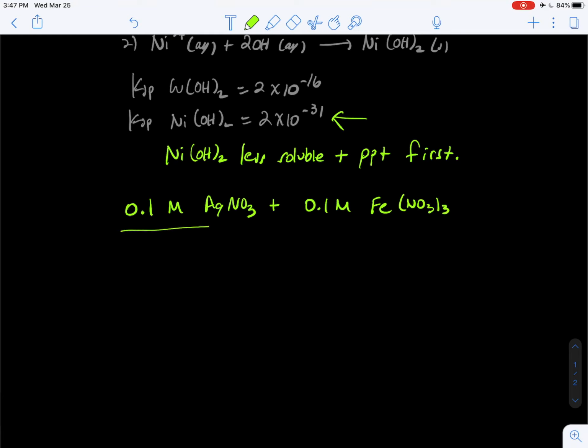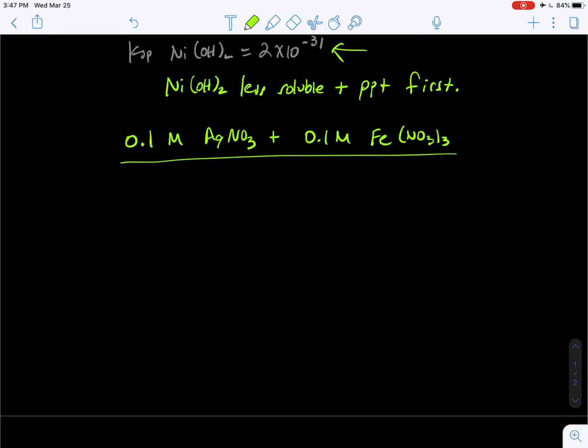How could you separate these two? Okay. Now you might be thinking, well, we'll add hydroxide just like my example, and I could make silver hydroxide precipitate out, and I could make iron hydroxide precipitate out, and I could find out what the Ksps are and compare them and see which one's solid or not.